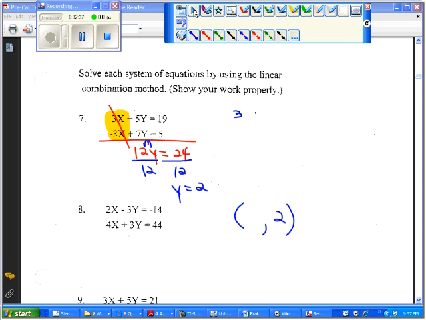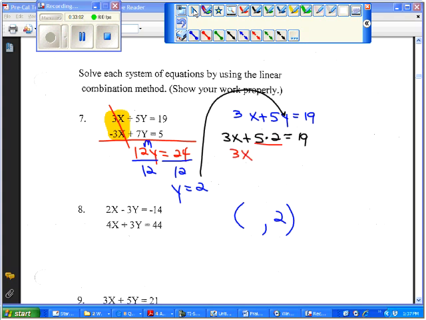So we take one of the original equations, 3x plus 5y equal 19. We're going to take our y and put it in place of y. So we have 3x plus 5 times y of 2 equal 19. And then we could solve for x. Everybody understand that? That's a 19 over there.